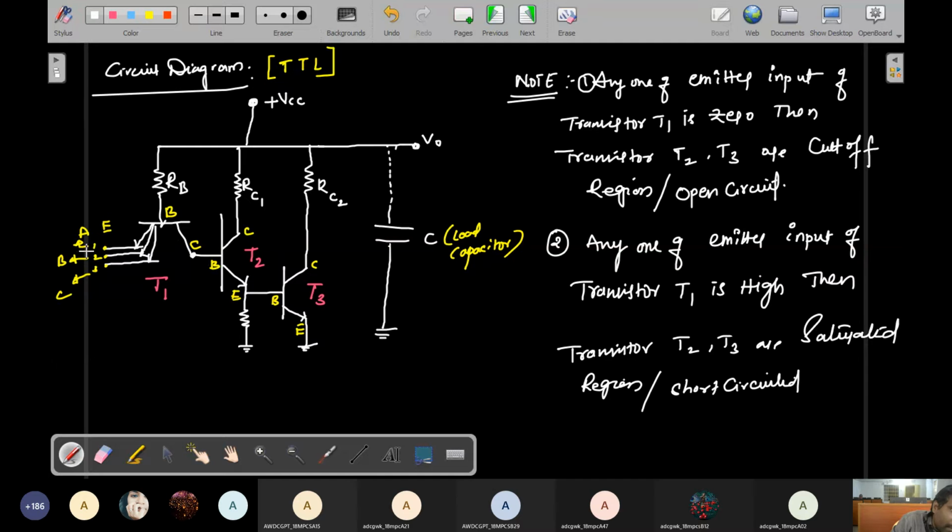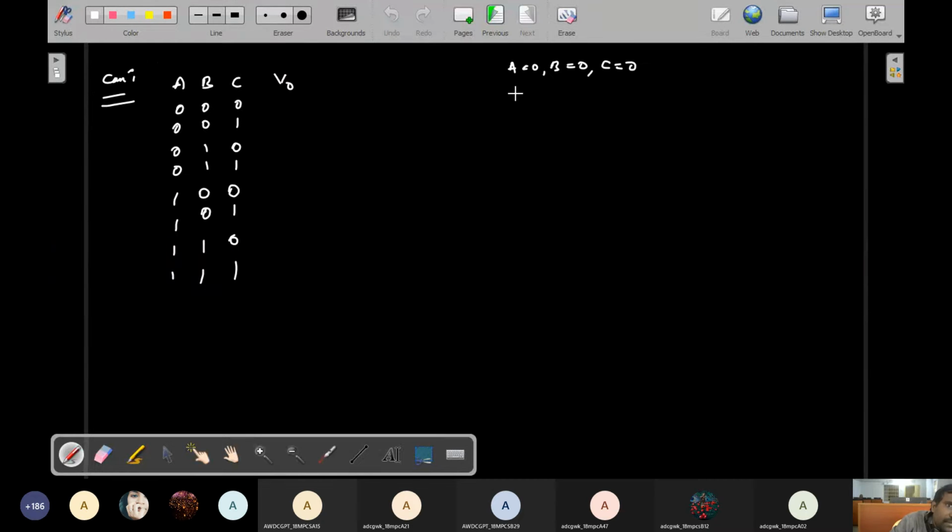So if any one of the emitter terminals of transistor T1 is 0, then transistors T2 and T3 are in the cut off region. Why? Because a very low voltage is applied at the collector. So this means transistor T1 collector current.